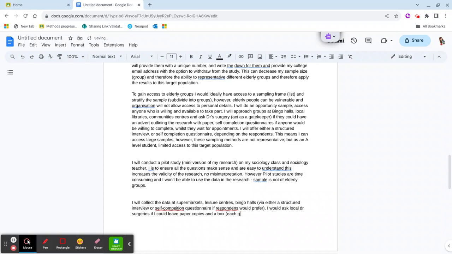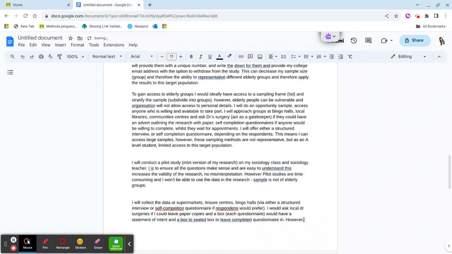Each questionnaire would have a statement of intent, and a sealed box to leave completed questionnaires in.